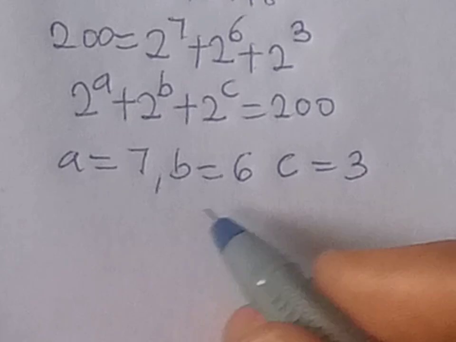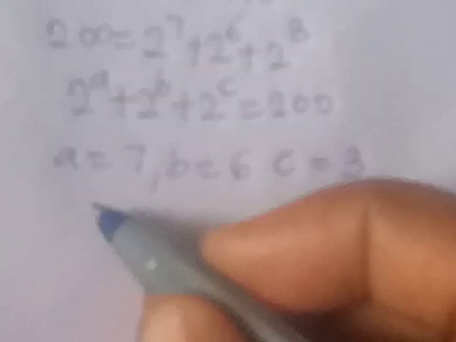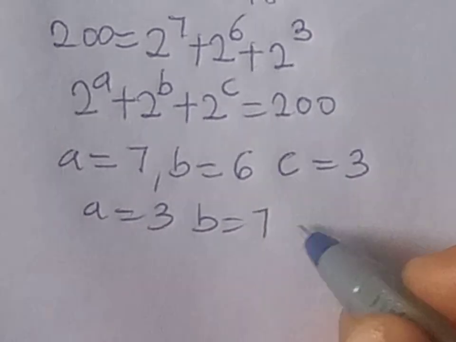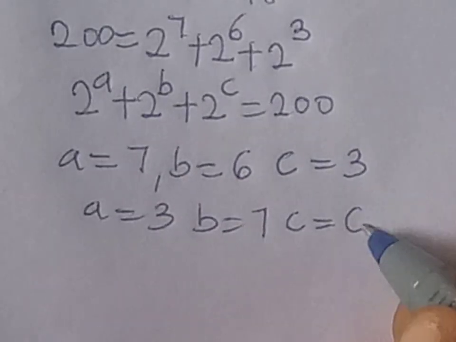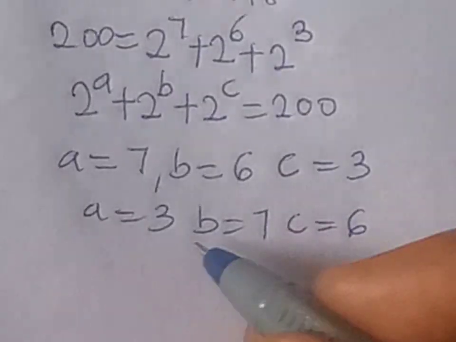Remember, the order of arrangement doesn't matter. You could also write it as A equals 3, B equals 7, and C equals 6, or any other arrangement of 7, 6, and 3.